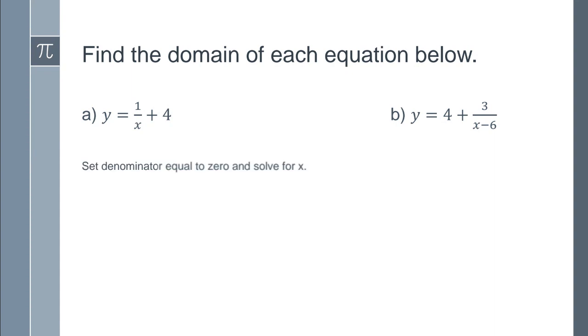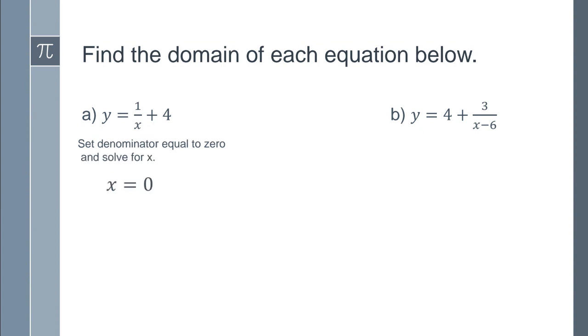Now, let's go ahead and look at, this should be C and D, right? So it's not A and B, but let's look at this first one. y is equal to 1 over x plus 4. So we see that we do have an equation that has a fraction in it. So we know that x cannot be 0, because if it is, then we have an error, or it's undefined.